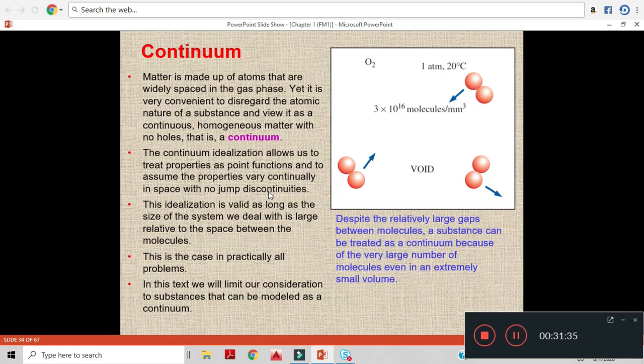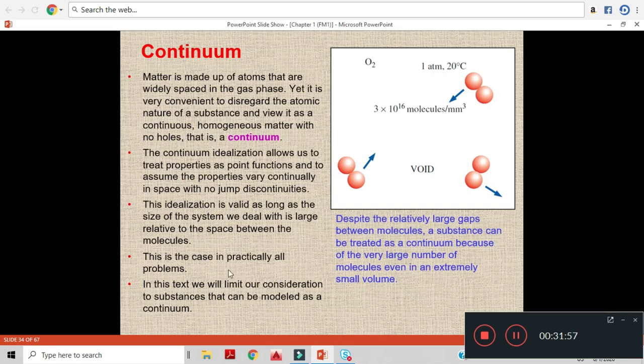Because of that, the properties we are measuring at one point are the same everywhere. So it is not disturbed because of void areas. So this is the benefit of considering it as a continuum.